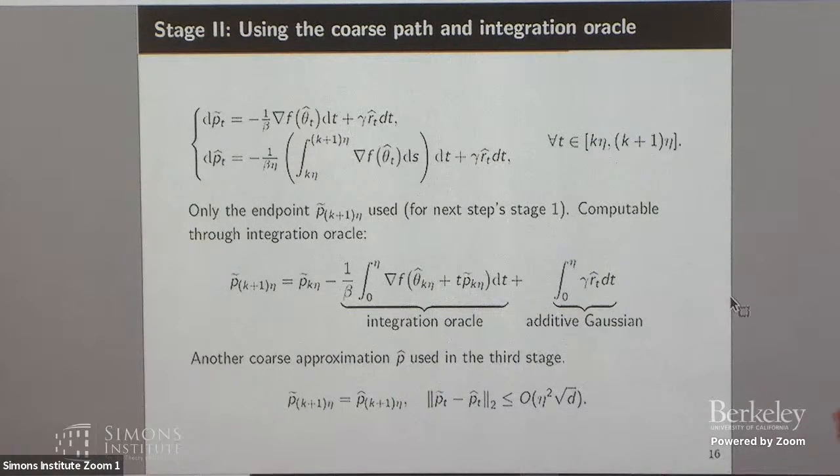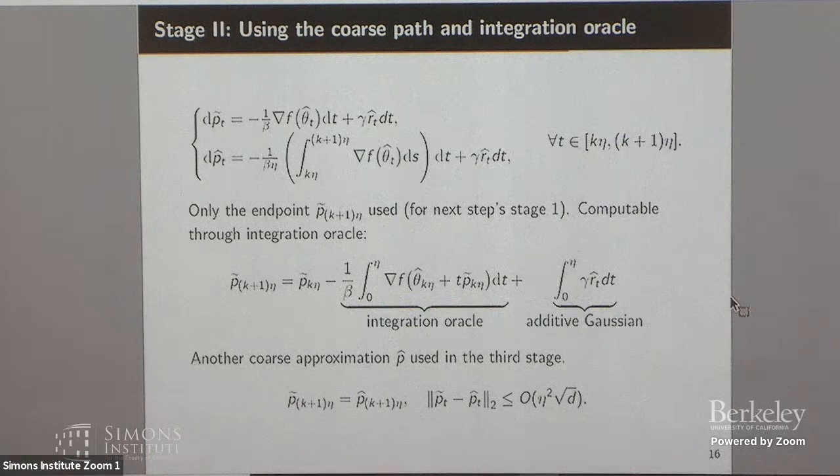And then, given this, we use this to compute this OU process. Everything else is a joint OU process. We make use of this and compute a joint OU process. And so this p tilde of k plus 1 eta is directly integrable using the information given to us.